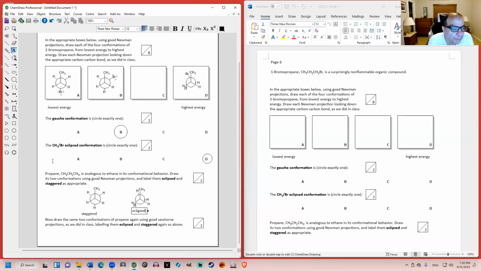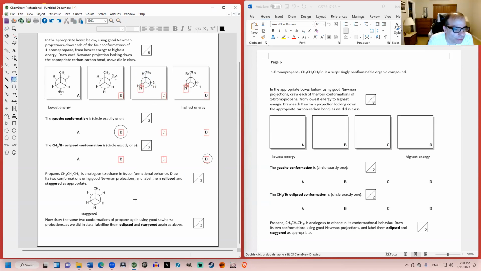And that's the eclipsed conformation. Oh, I see the problem. Why is that not copying it?